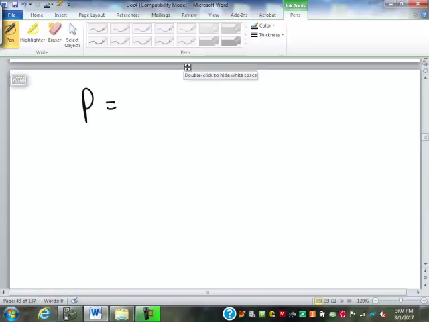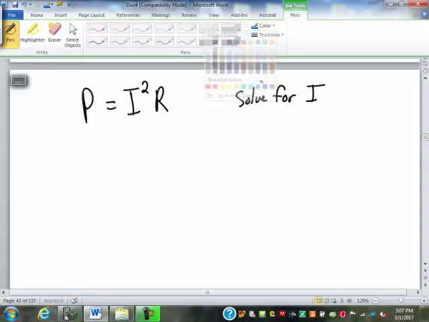I might have P equals current squared times resistance. I might be asked to solve that for I. So this one's going to be a little trickier.